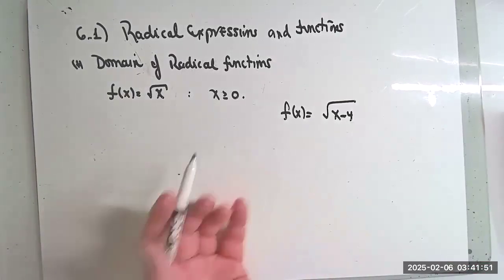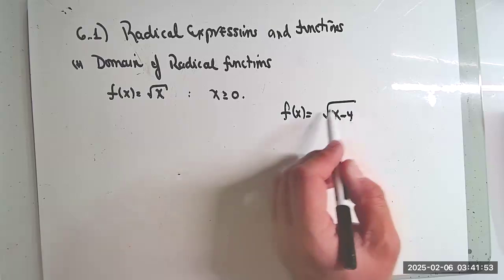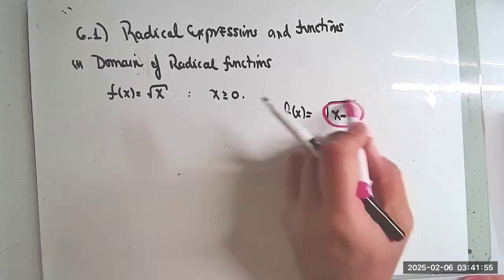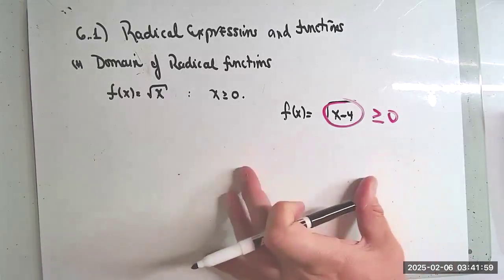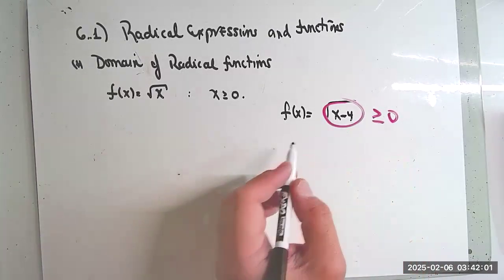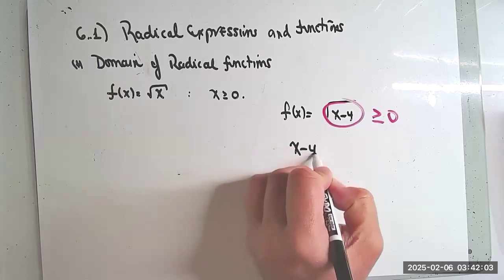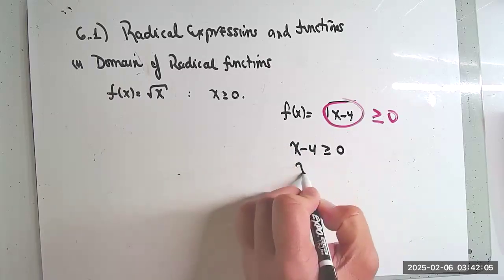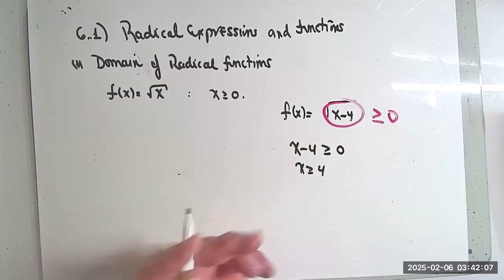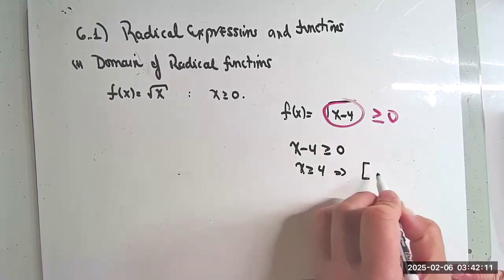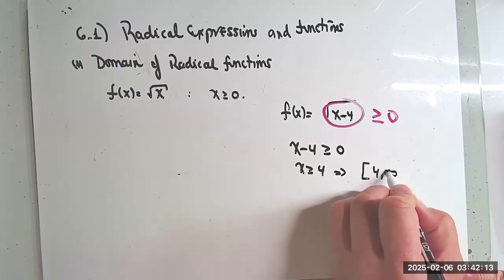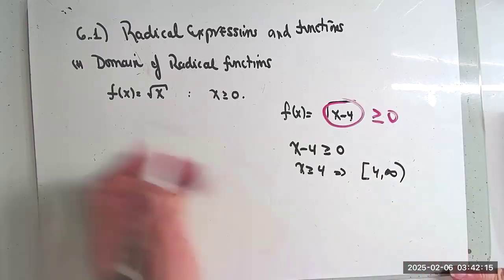So how do we solve this? Very straightforward. We know that the radicand must be greater than or equal to 0. So everything boils down to solving the following inequality: x minus 4 greater than or equal to 0, therefore x must be greater than or equal to 4. So that's the domain of this function. In interval notation, bracket 4, comma, infinity.